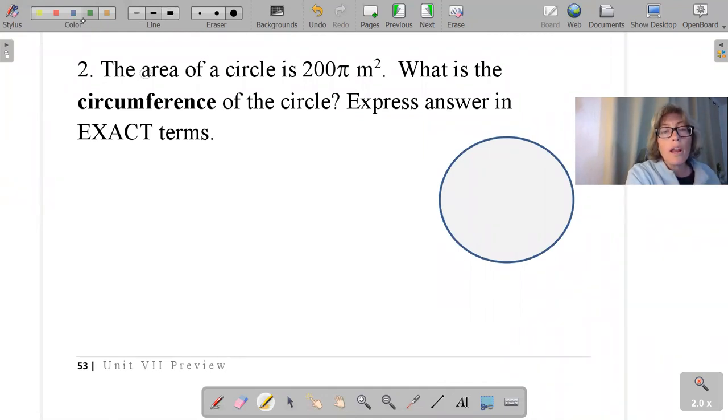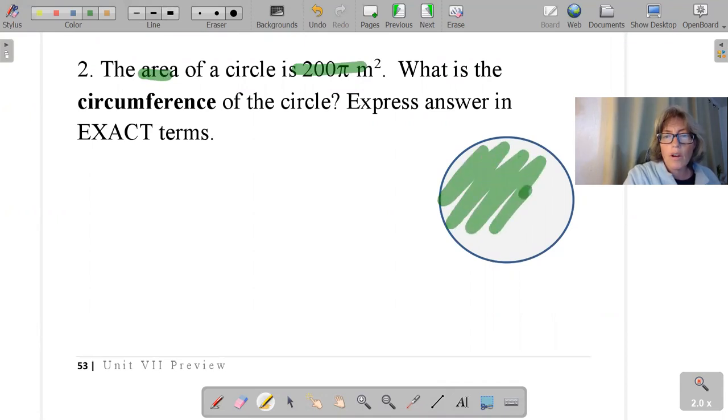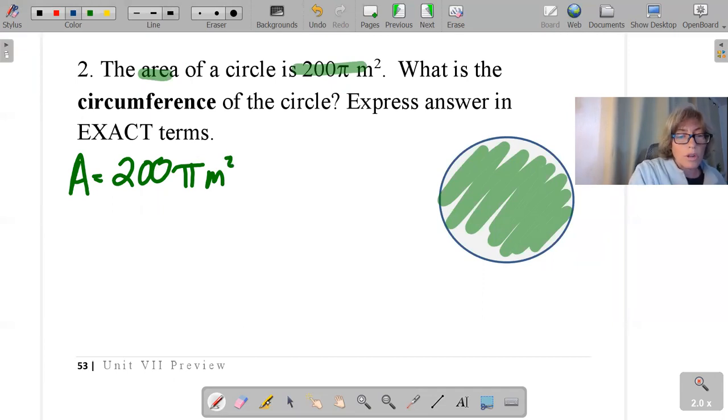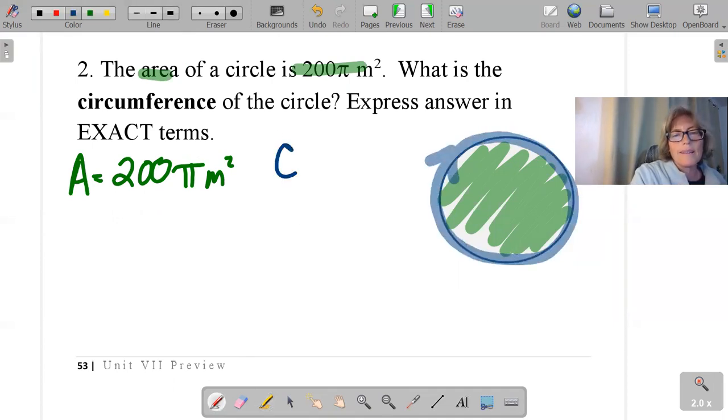This time you're given the area of a circle is 200 pi. Area of a circle is 200 pi meters squared. What is the circumference? So we're being asked to go the other direction. Circumference equals d pi.